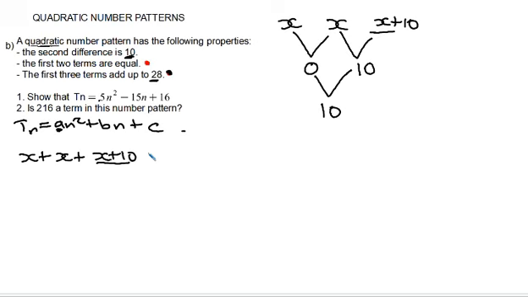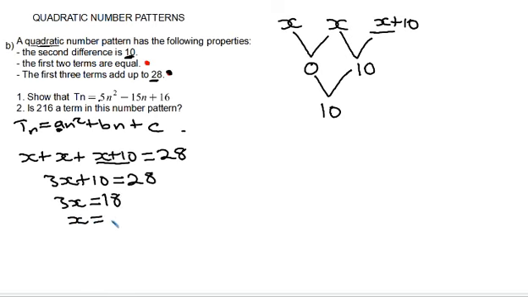This is the third term. They add up to 28. 1, 2, 3. So it's 3x plus 10 is equal to 28. 3x is equal to, 10 goes to the other side, so it's 28 minus 10 is 18. So your x is equal to, divide both sides by 3.